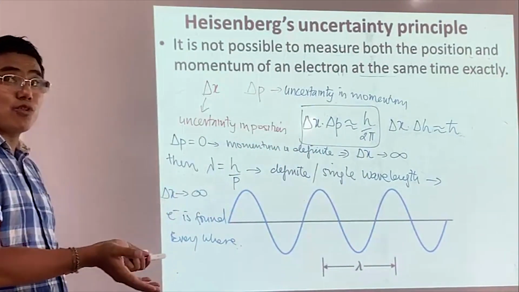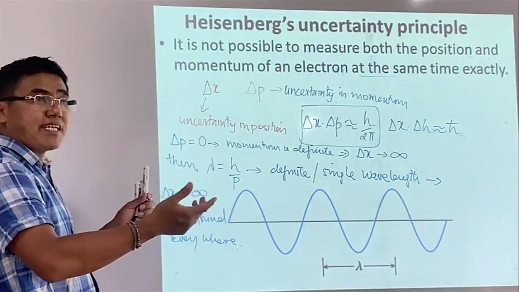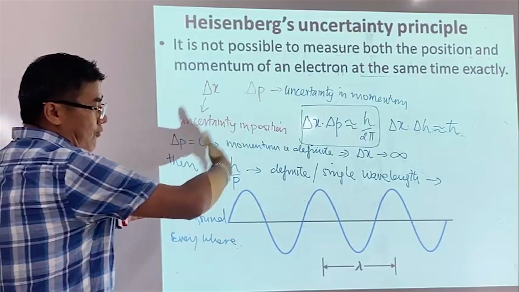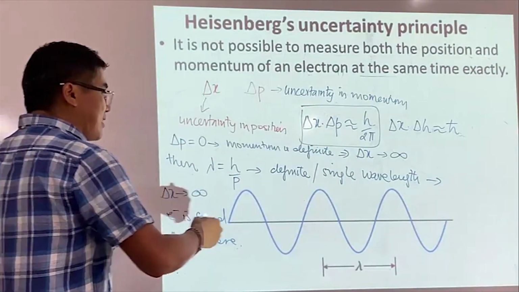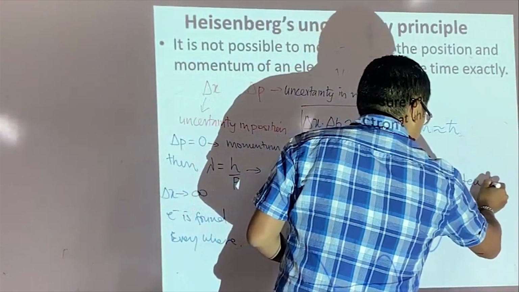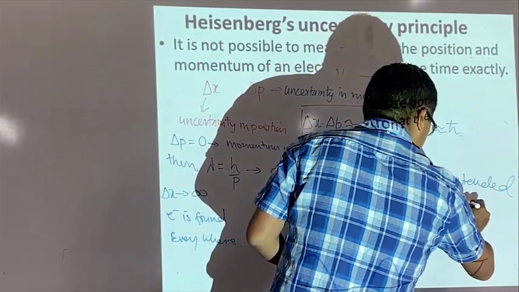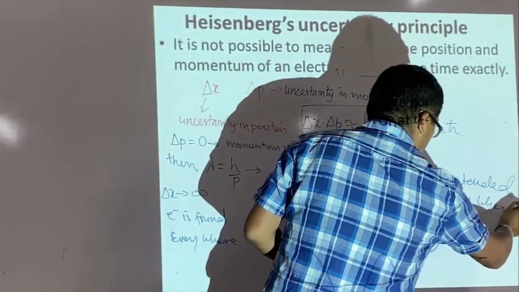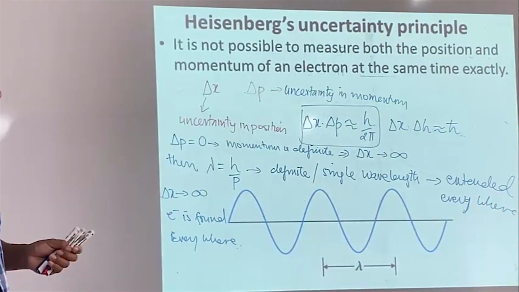If I figure it out in terms of a wave, you find that the particle can be visualized like a wave, a single wavelength extended everywhere. This is what we talk about.